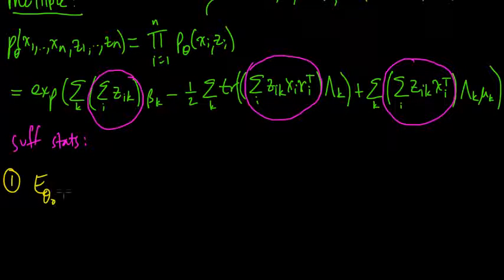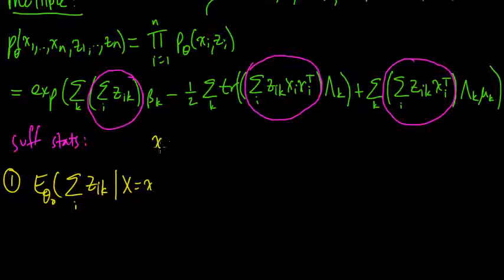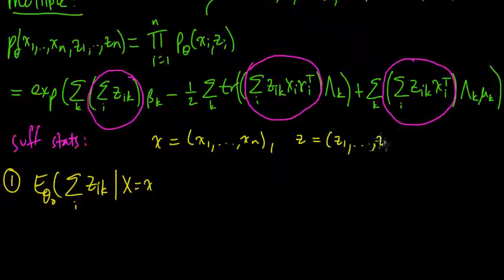The expected value under theta naught, the conditional expectation of just this function here, this part of the sufficient statistics, given that x equals little x. And here I'm using x or little x to be this sequence of observations, x1 up to xn, and I'm going to use z for the sequence of z's, z1 up to zn. And each of these is a vector, right?